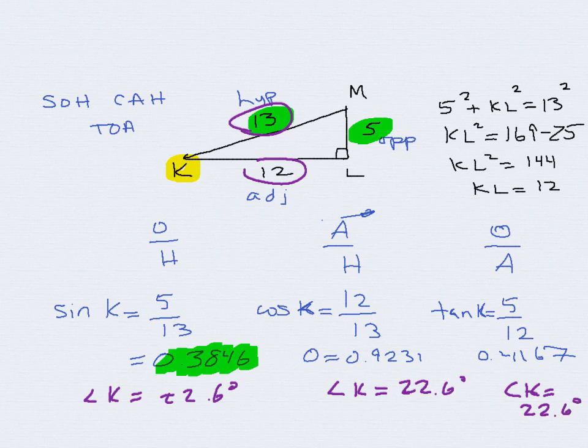And if you wanted to find angle M, you could simply subtract the 22.6 from 90 to get the other acute angle in the right angle triangle. Because don't forget that the two acute angles, angle K and angle M, have to add to give you 90, because the other corner in a right angle triangle is always a 90, which together gives you 180.